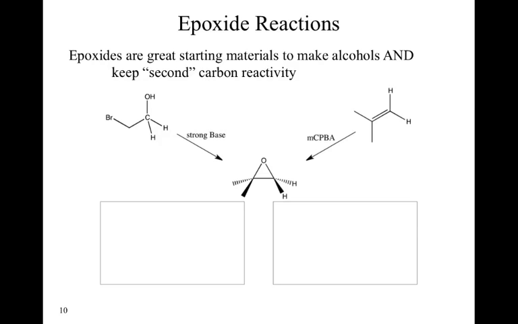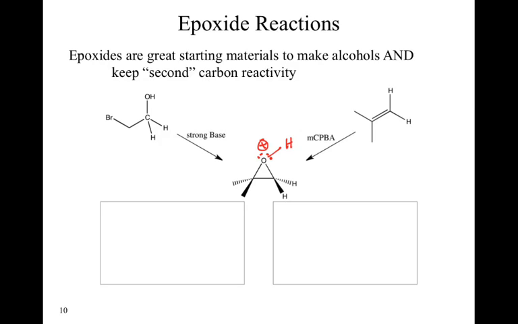Now that we have an epoxide, we still have some information to evaluate here. We can look at that oxygen still and say, hey, that's a leaving group, potentially. And I can also potentially make it a better leaving group by, say, adding an acid, so that I have an even better leaving group.